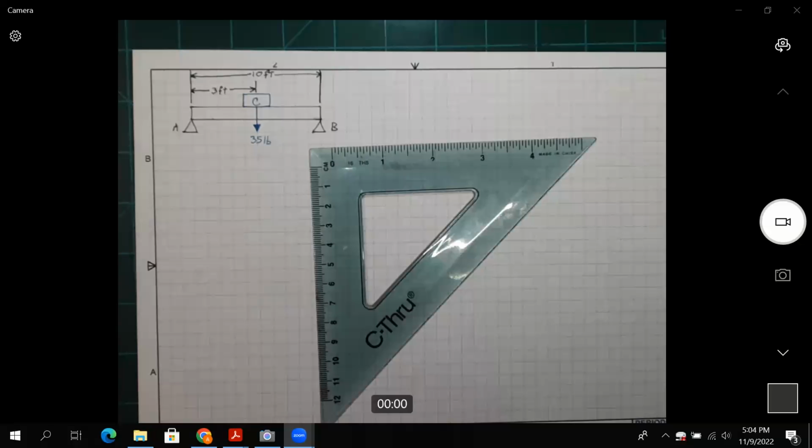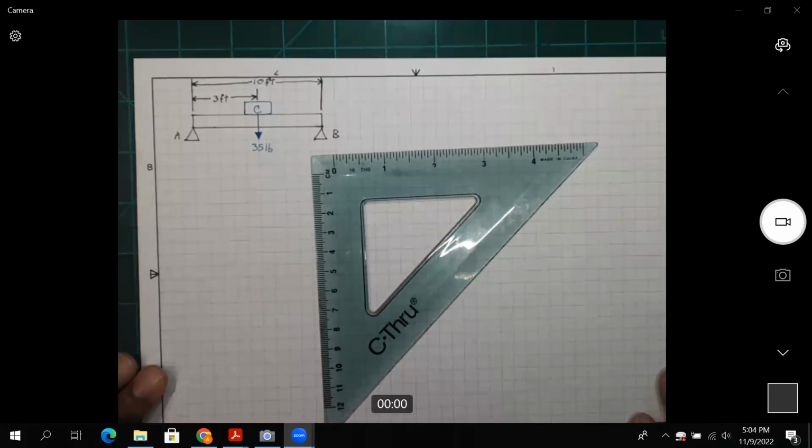Okay, so going back to the previous problem, here we go. We have a beam, and this beam has a force of 35 pounds. This beam also has two joints, joint A and joint B, and two pins.